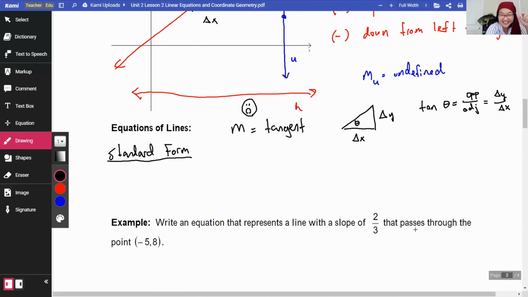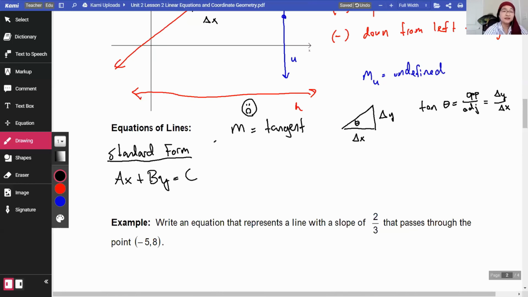Today, I do believe it is a good form for reasons that will be revealed when we learn about vectors. Very useful to the pirates. Vectors. But standard form is ax plus by equals c, where a, b, and c are constants. Yes, constants. Right. What other forms do we have?